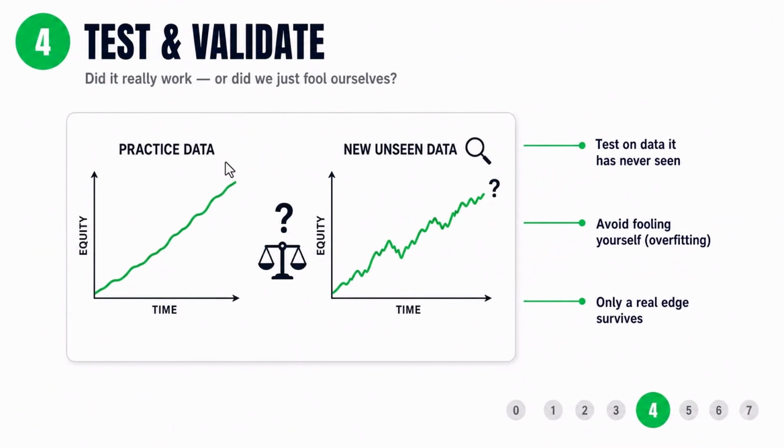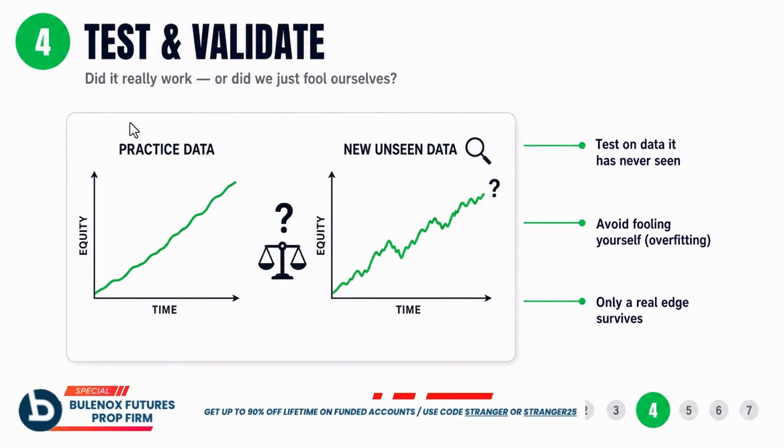And then phase 4, we're gonna test and validate that. So does that idea that we got from phase 1 actually have an edge in the market? Okay, and in order for us to test it, we're gonna split the data. So for example, if we downloaded 4 years of candles on EURUSD, we're only gonna test the strategy on the first 3 years.